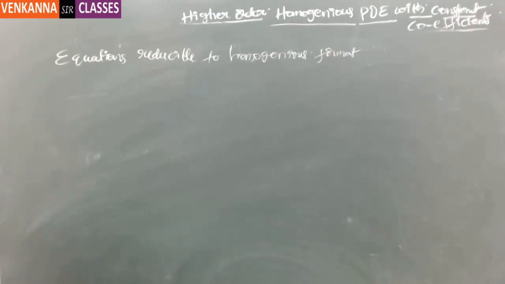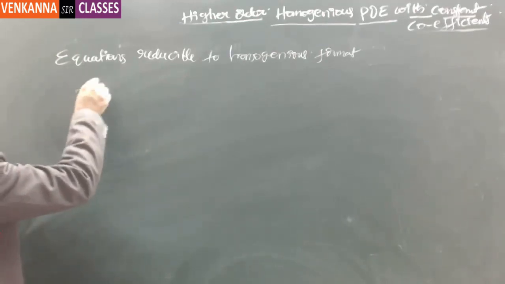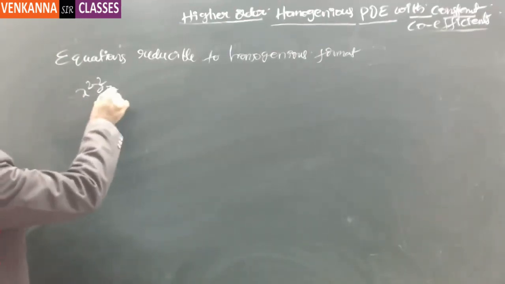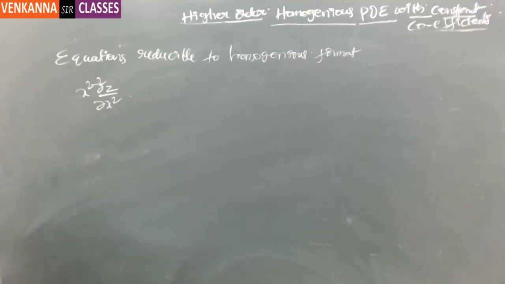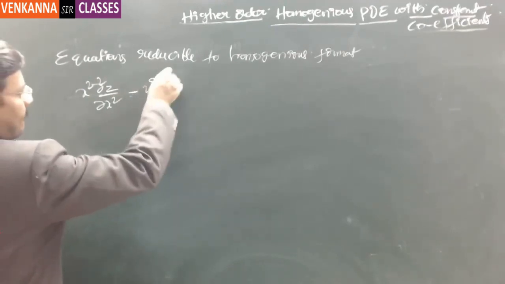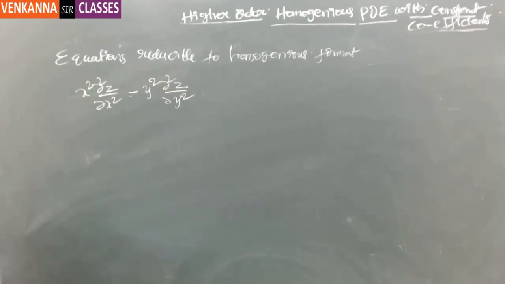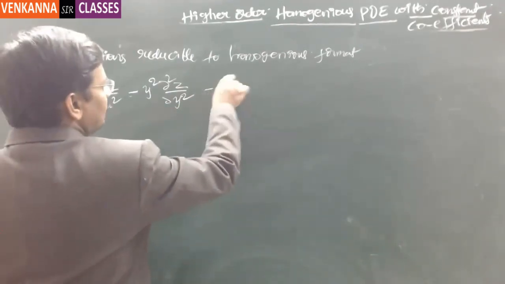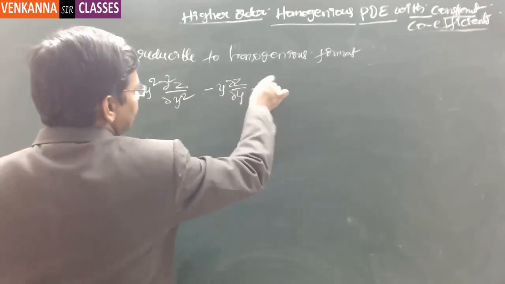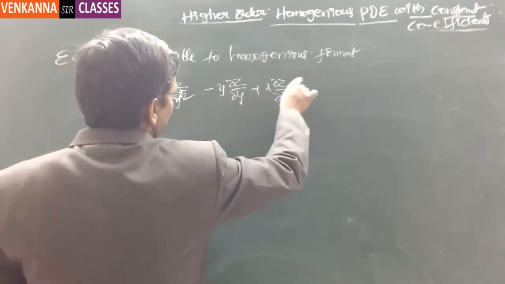So suppose I have the equation, just note down one problem: x square dou square z by dou x square minus y square dou square z by dou y square minus y dou z by dou y plus x dou z by dou x equal to 0.